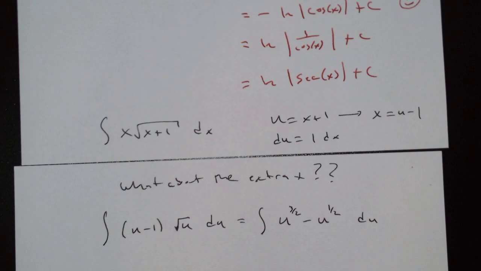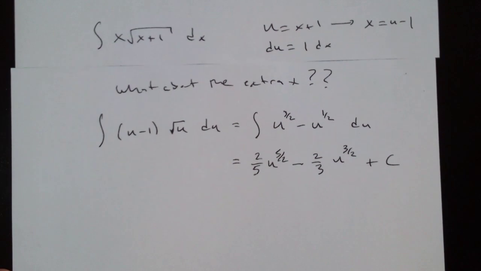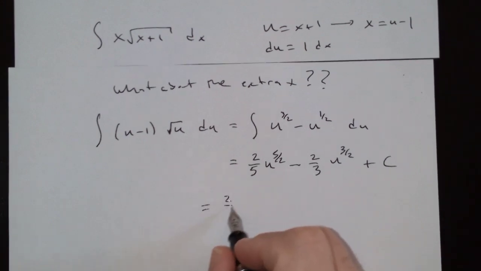Yay! Dean, this time I did the flipping automatically. It would be u to the 5 over 2 over 5 over 2. So I took the 5 over 2 out of the bottom and flipped it, making it 2/5. Same thing with the 3/2 that's on the bottom. Bring it out front, it becomes a 2/3. But I started in x, so I should finish in x.